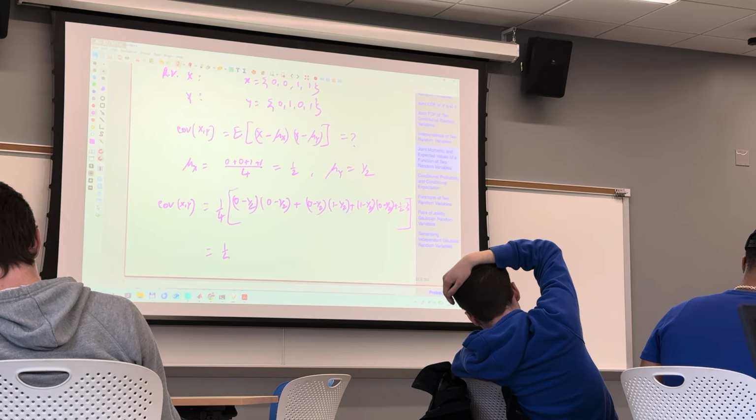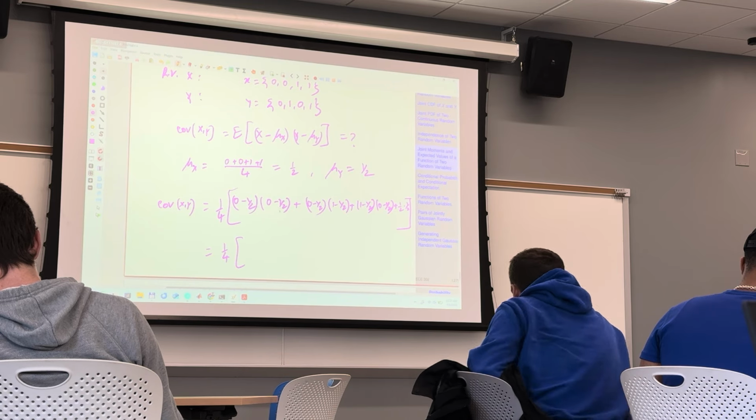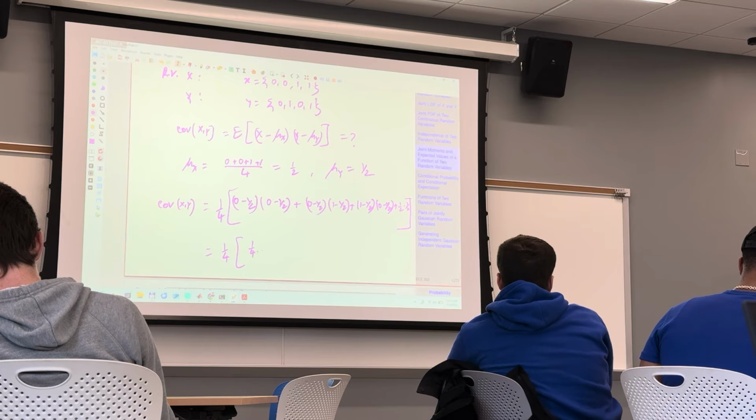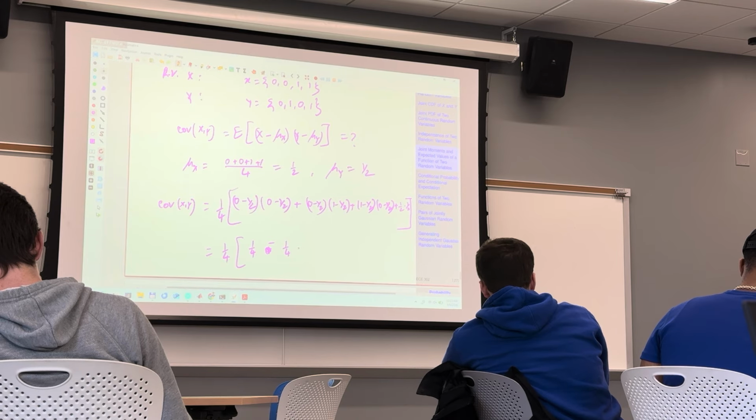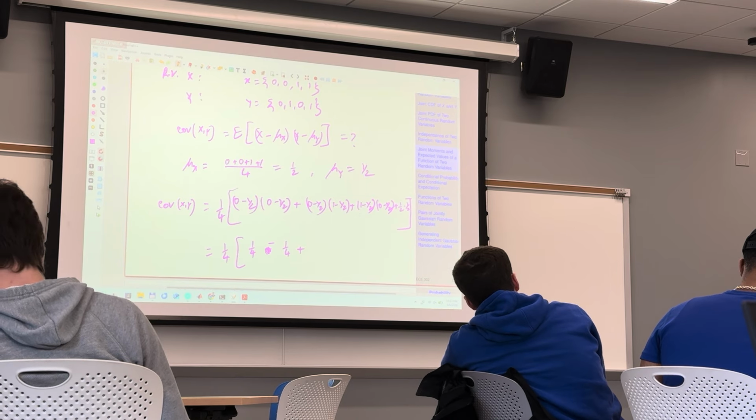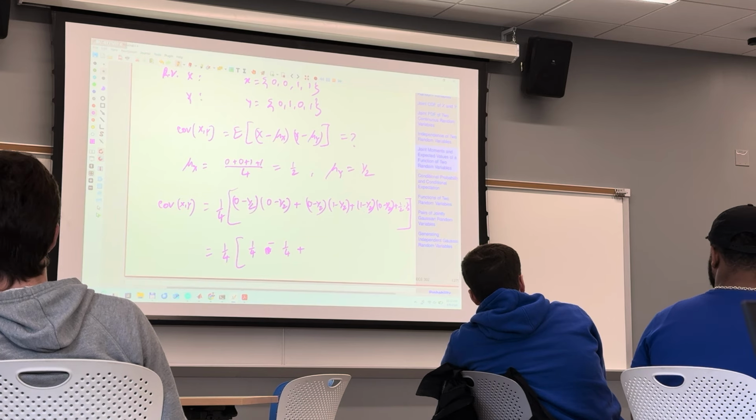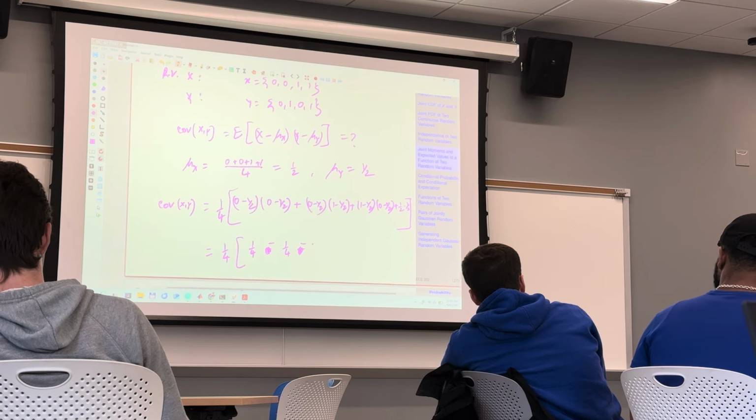So you have 1/4, and here negative half times negative half is 1/4, plus negative half times positive half is negative 1/4, plus positive half times negative half is negative 1/4, and here you have 1/4.